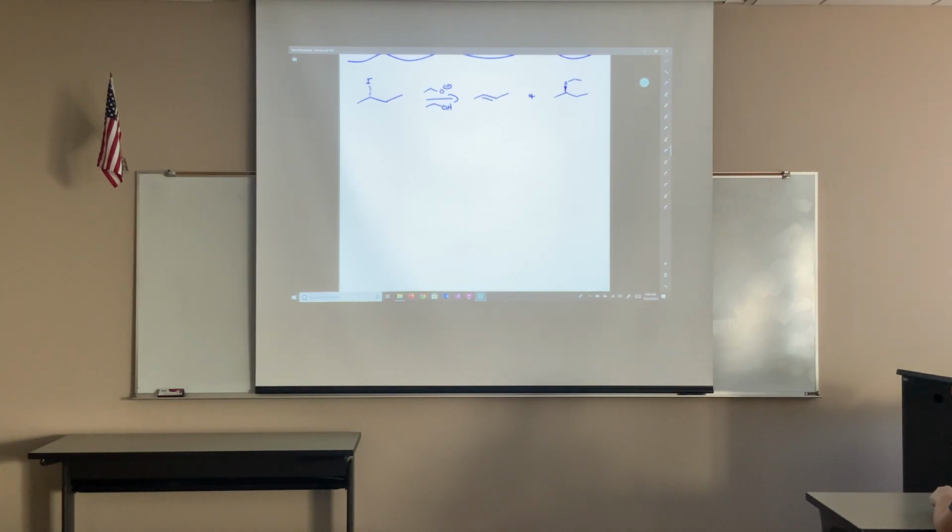No, right? Don't do an E2 like that. E2s happen in one step. There's no carbocation. Right? All the 2's have one step. The 2 tells you that it's bimolecular, but that doesn't mean there's 2 steps. It means there's one step and 2 things are involved with it. Right? Okay.